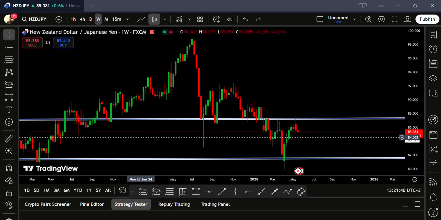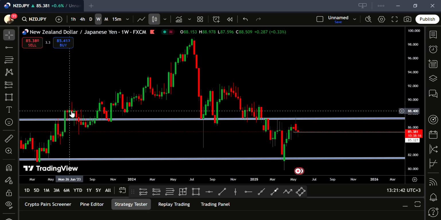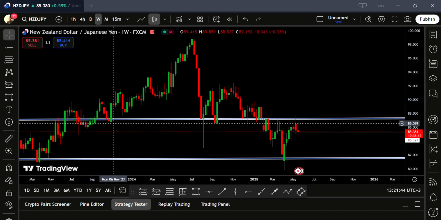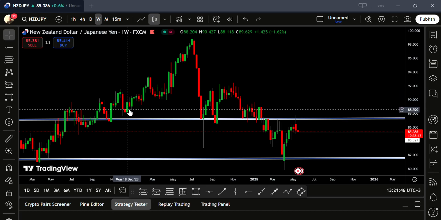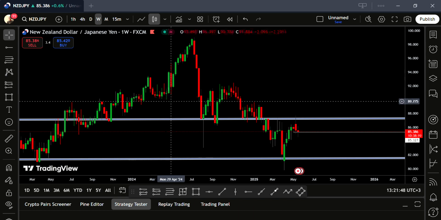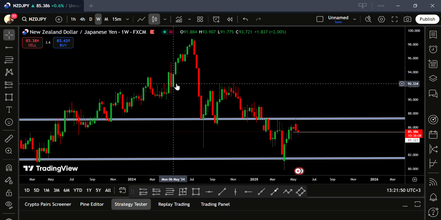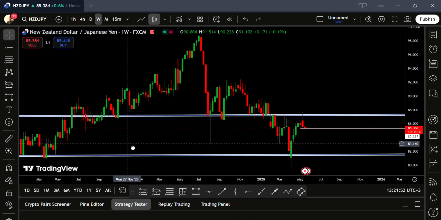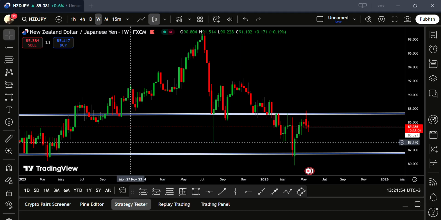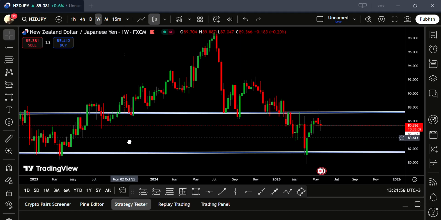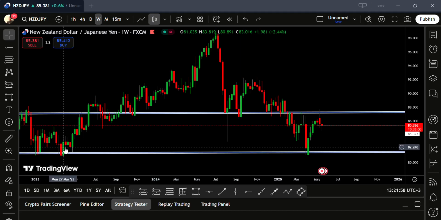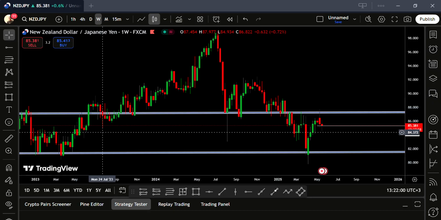So what do we have here? We have price that was making higher highs, higher lows, higher highs, higher lows. Guys, this was a beautiful trend on NZD/JPY. See, from here we made a high and we made a higher low, giving us a demand zone here.